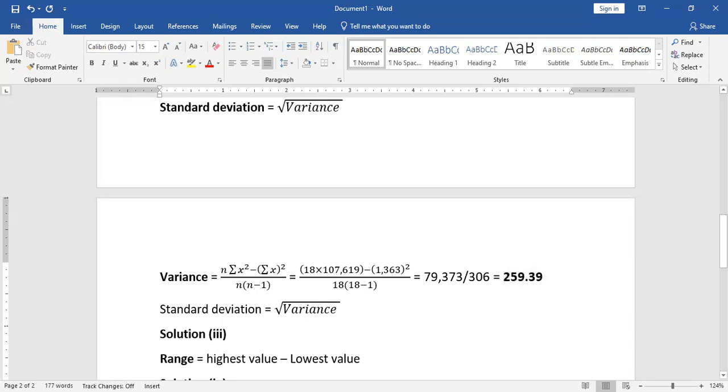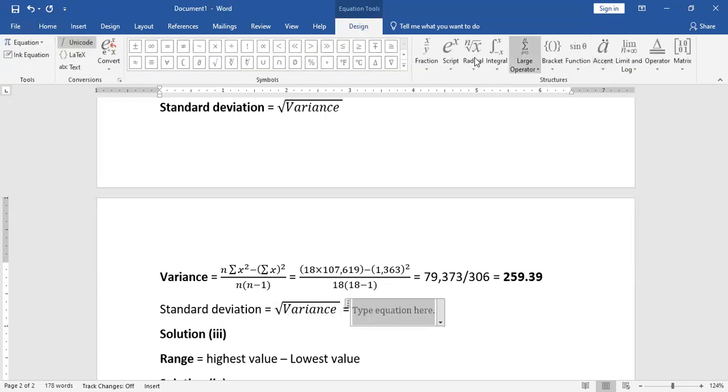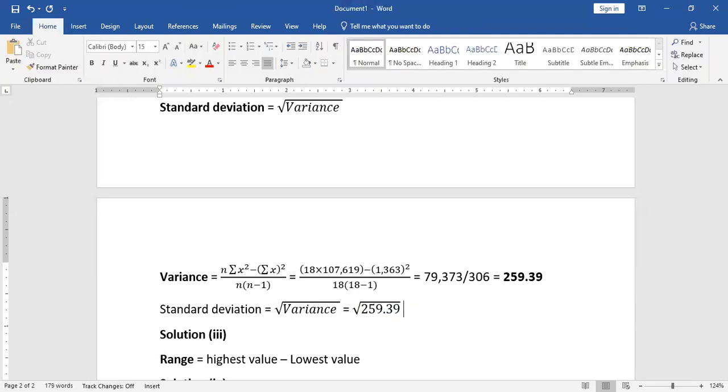To get my standard deviation, I need to square root this variance. So 259.39. So square root of 259.39 gives me what?